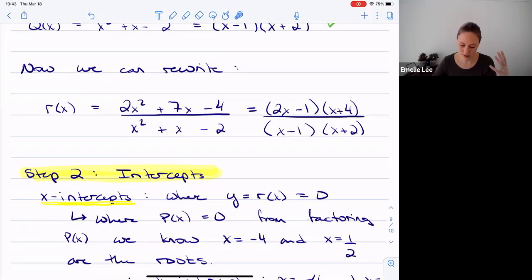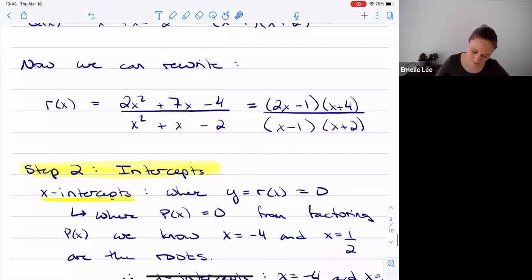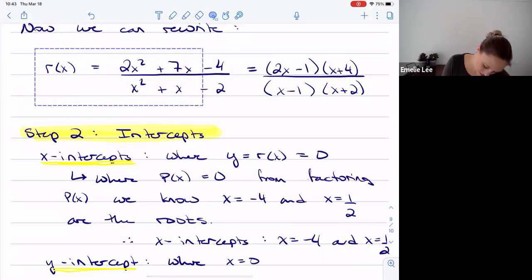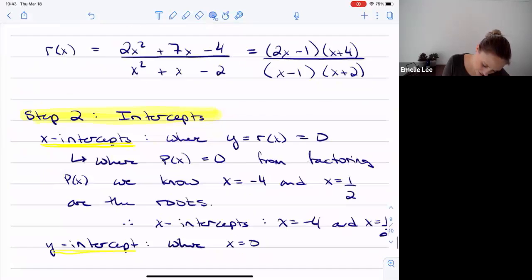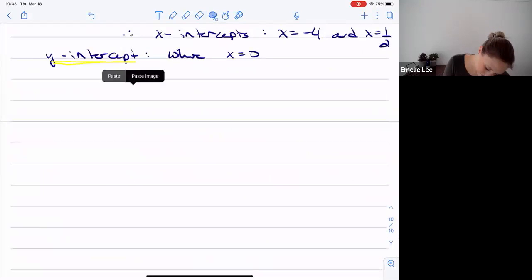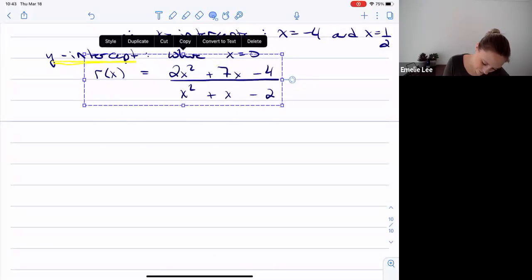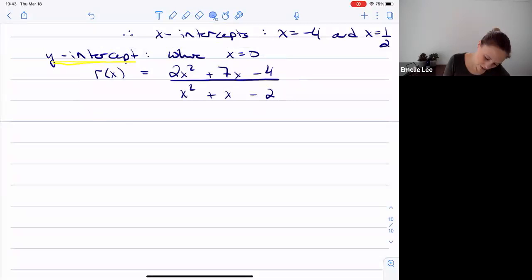But you can use either of these. So let's see here. I'm going to copy this. So r of 0, let's see here. Now I'm going to swap these all out.